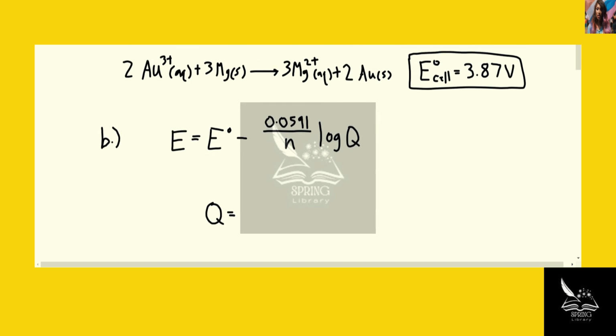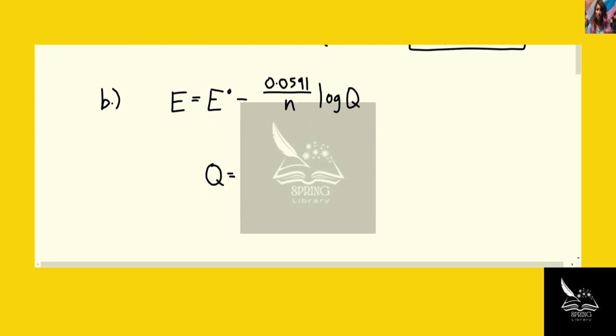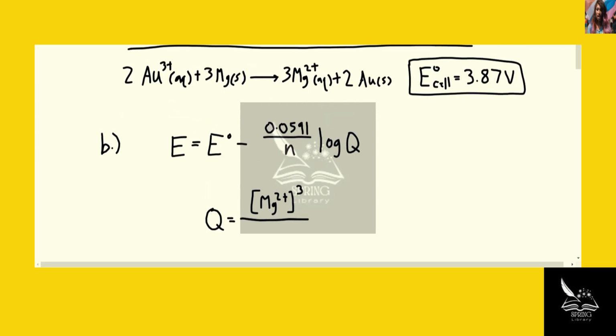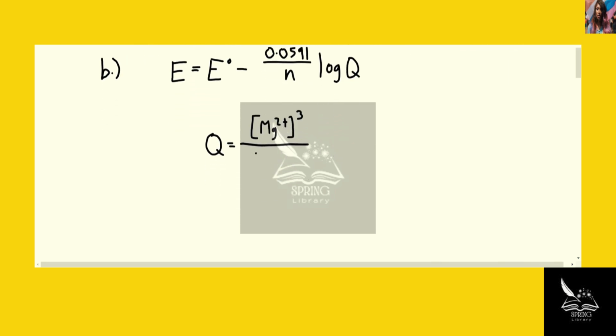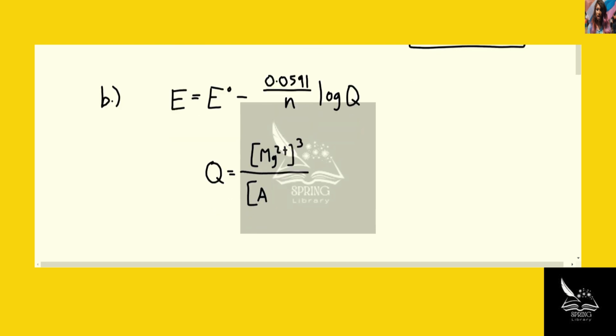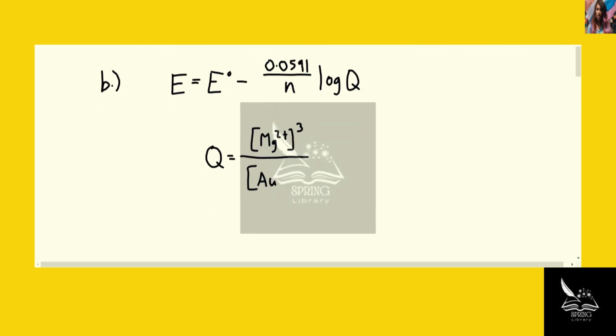The aqueous product is Mg2+, so the numerator is the concentration of Mg2+, and we cube it due to its stoichiometric coefficient of 3. And the aqueous reactant is Au3+, and we square it. So the concentration of Au3+ squared.